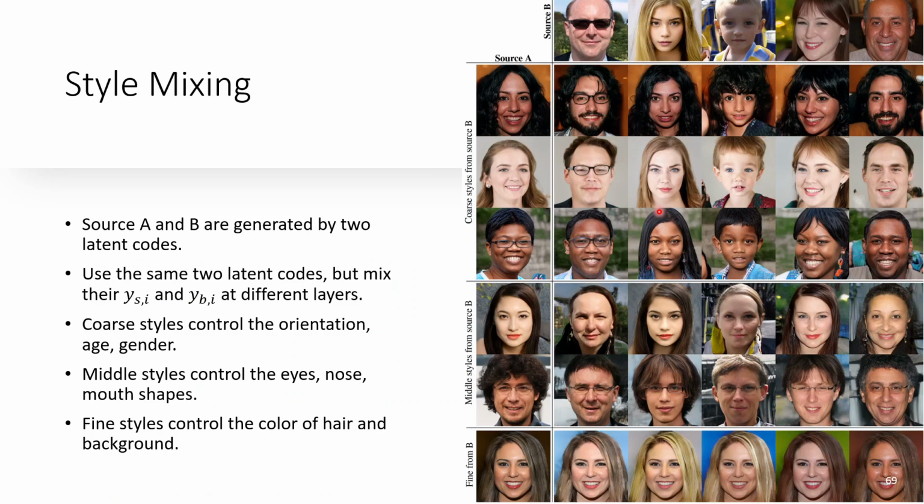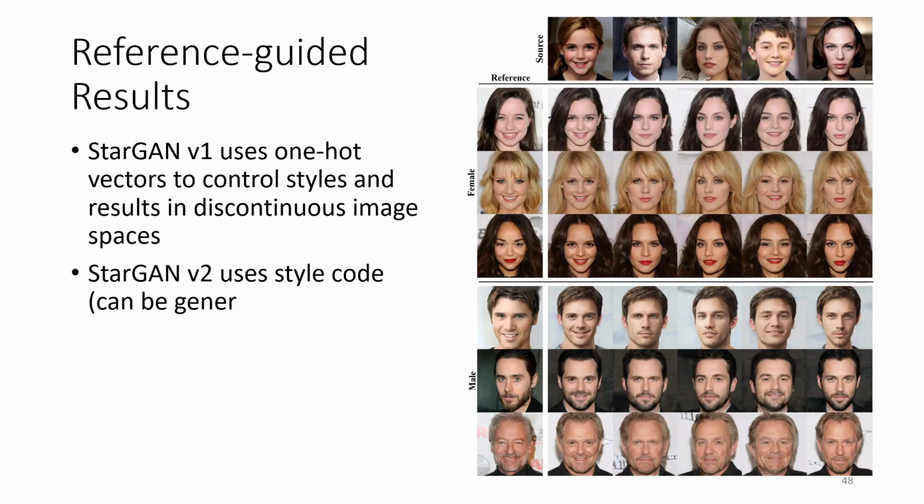So let's see some results. This is source A and source B. Unlike StyleGAN, you see a very similar result in StarGAN v2. Let's take a look. This is StarGAN v2. There is a source image and a reference image.